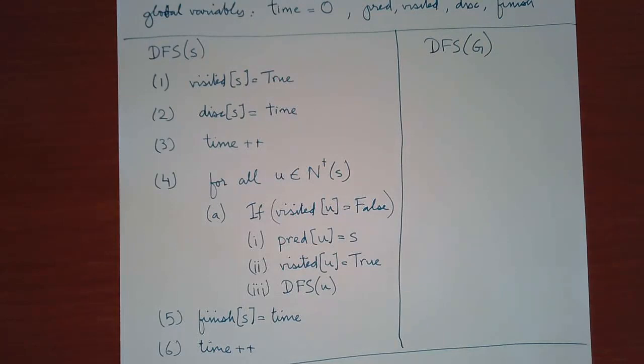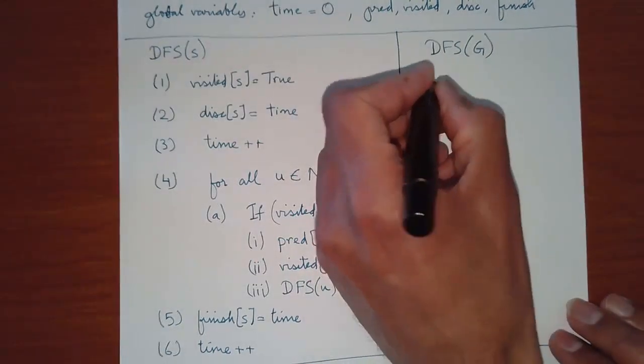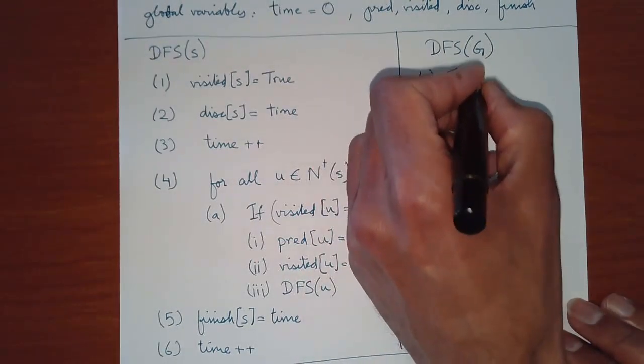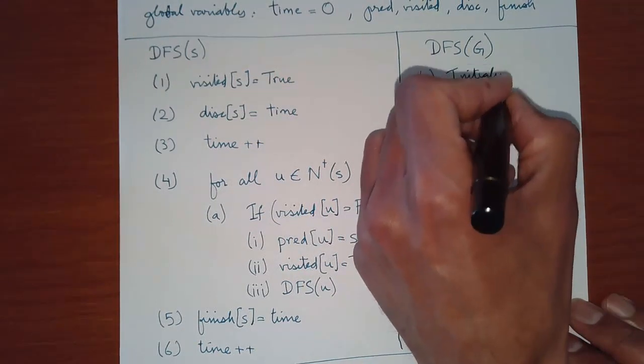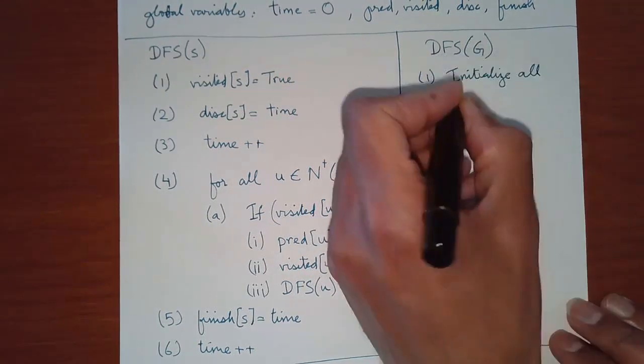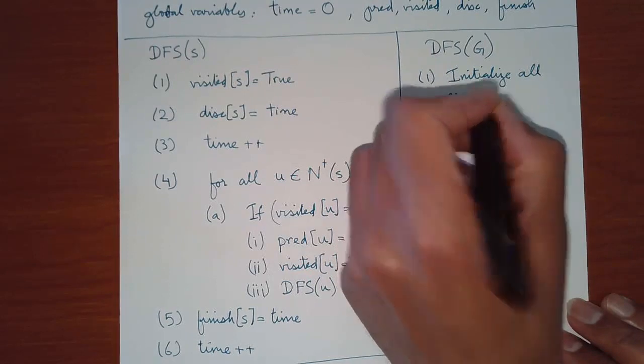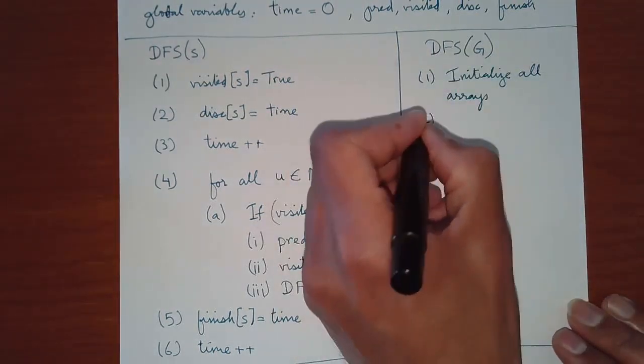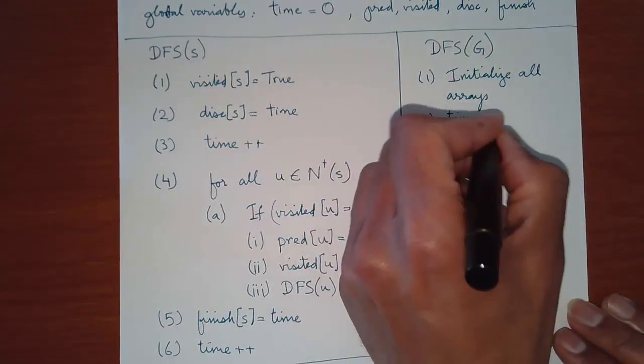And DFS on the entire graph would simply be, you initialize all the arrays. You set time equal to 0.